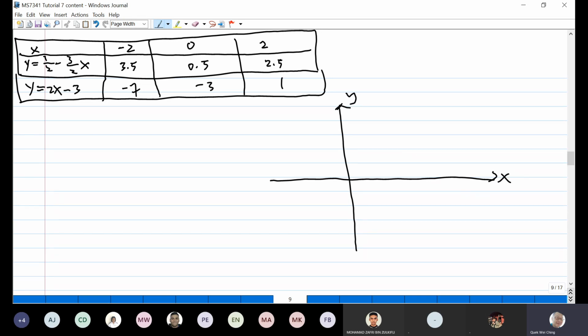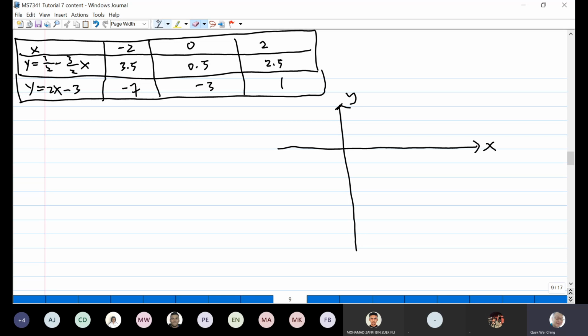Okay, so label the scale. I have this minus 2. Let me draw this over here. I need more space below.